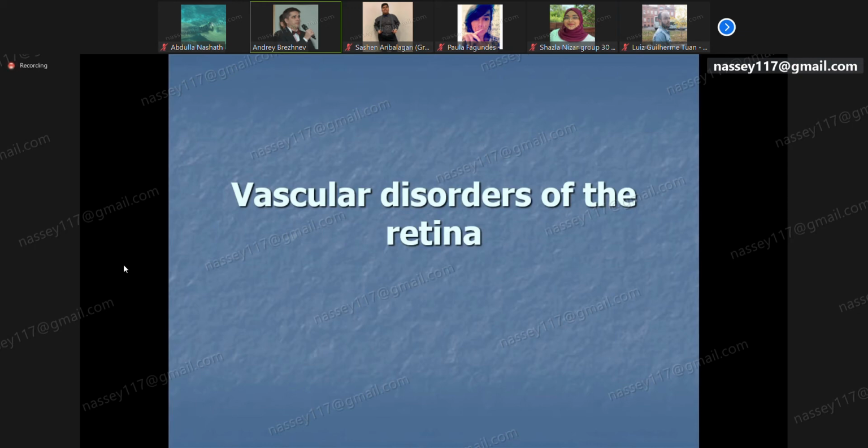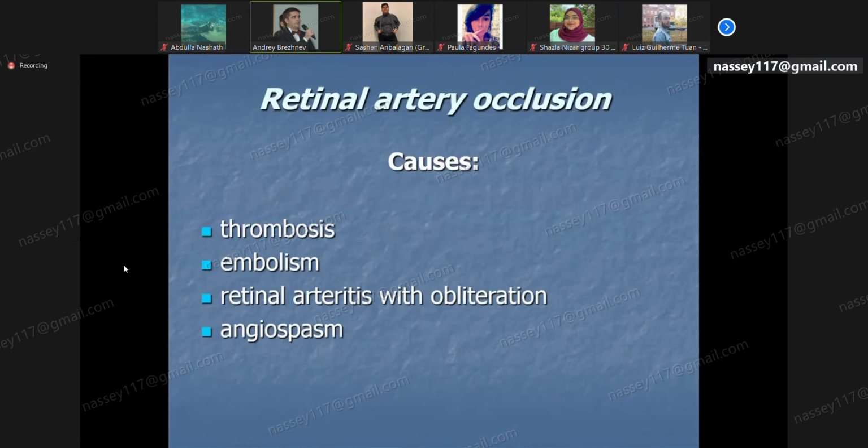The next group of retinal disorders are vascular diseases of the retina. Occlusive disorders of the retinal vessels are more common in patients suffering from arterial hypertension or other cardiovascular diseases.